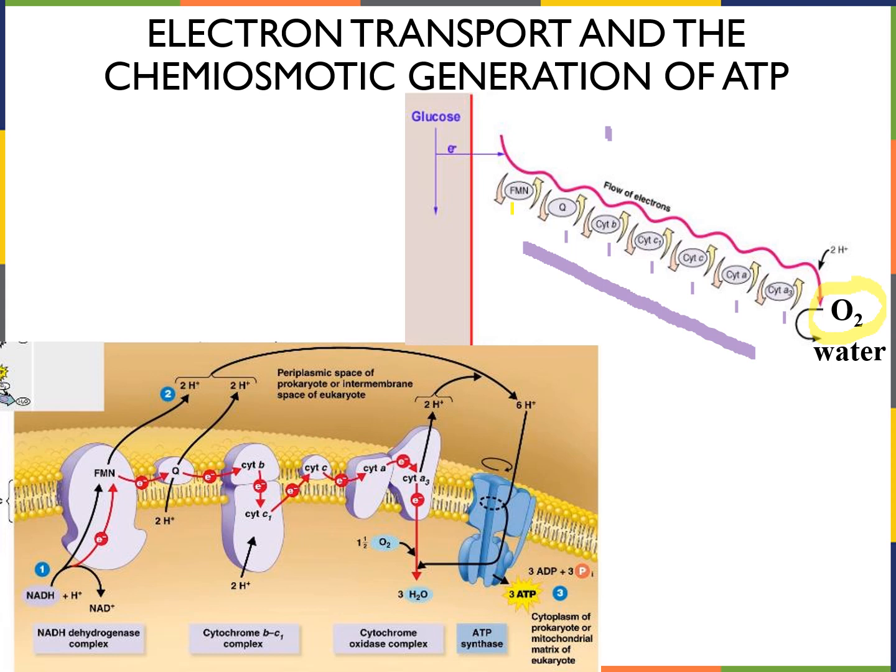At the end of every electron transport chain, you have what is known as a terminal electron acceptor. For aerobic respiration, the terminal electron acceptor is always oxygen.